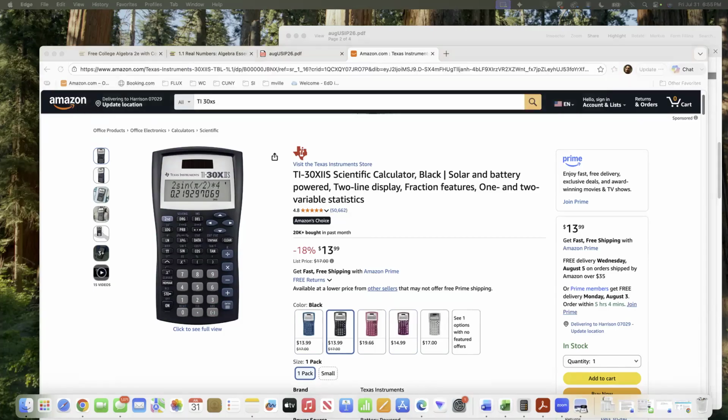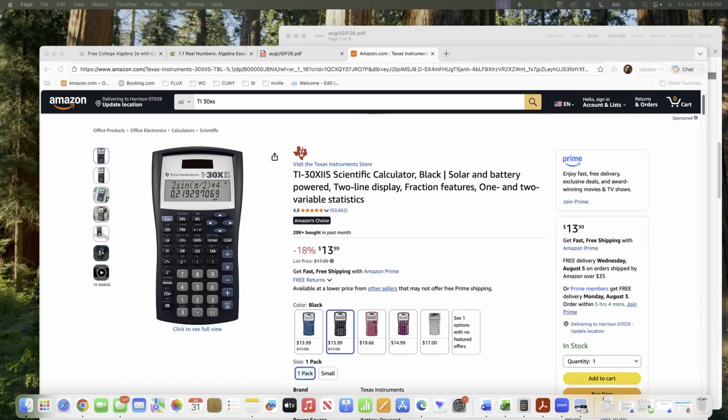But I got to tell you, I am not going to teach you how to use a calculator. That is your responsibility. So on the exam, if you're asking me, how do I find the square root of this on this calculator? What is the command? What do you think my answer is going to be? I don't know. Exactly. Figure it out.